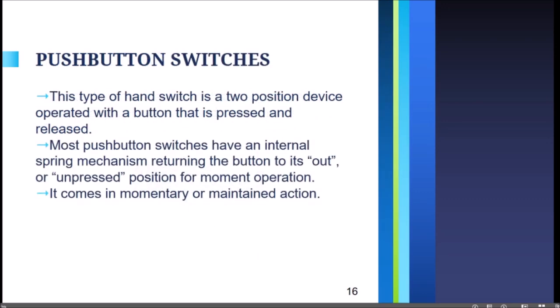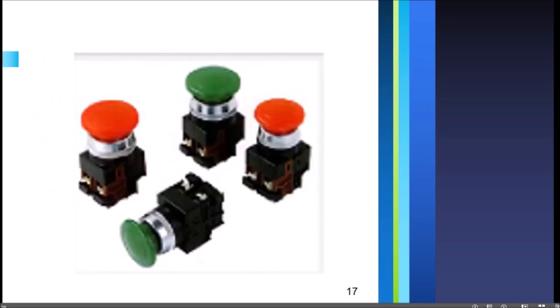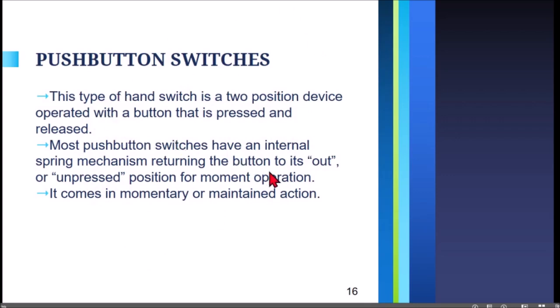Then we have the push button. This type of hand switch is a two-position device operated with a button that is pressed and released. Most push button switches have an internal spring mechanism returning the button to its out or unpressed position for momentary operation. It comes in momentary or maintained action. The takeaway is that the push button is momentary.